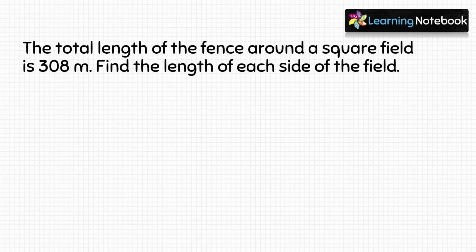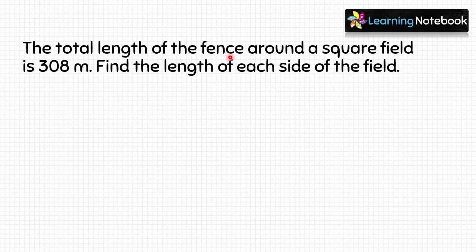Now let's do a different question. The total length of the fence around the square field is 308 meters. Find the length of each side of the field. So students, here we are given with total length of the fence.